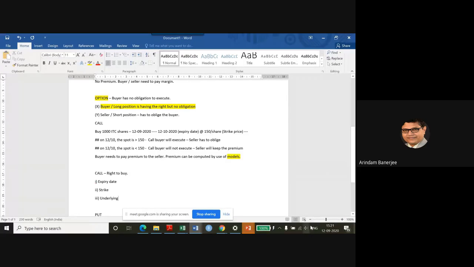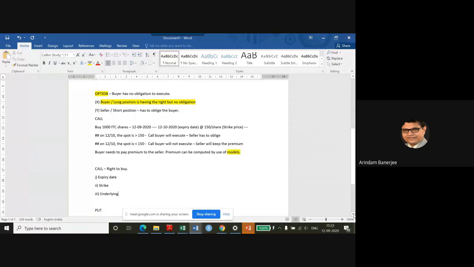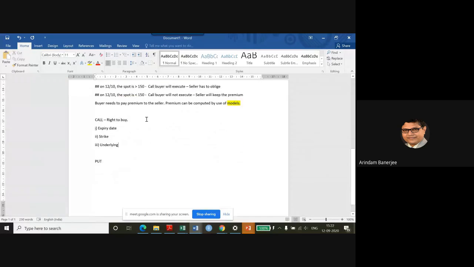Third parameter is underlying. So there are two parties. One is called buyer, and the second party is called seller.